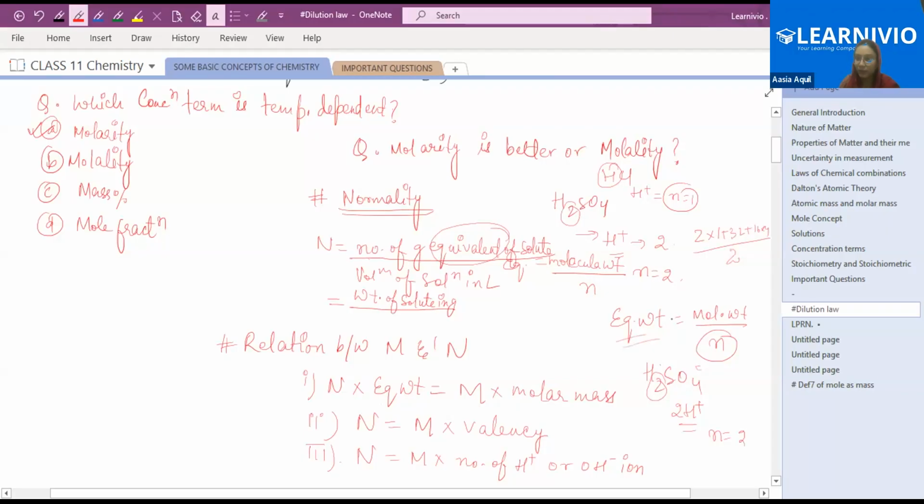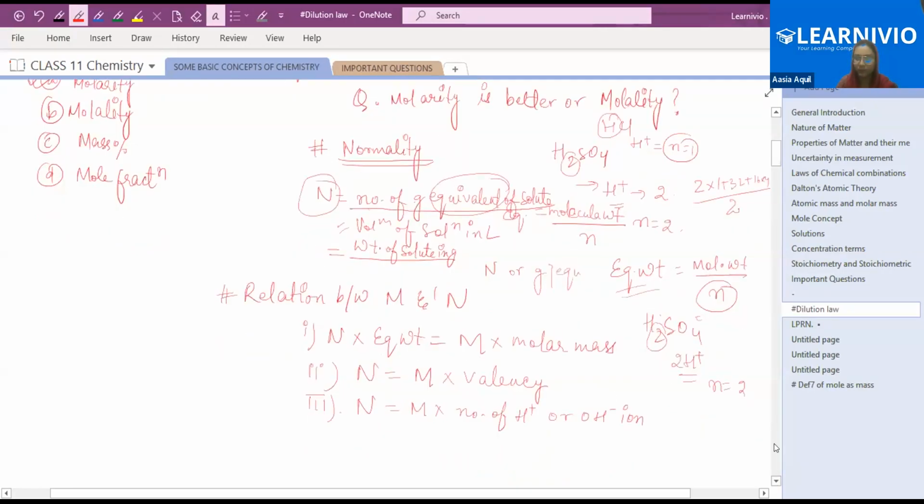Now you put this equivalent weight upon and divide it by the volume of solution in liter. You will get the normality. I hope it is clear. Yes, and ma'am, its unit is normal, capital N, or simply gram per equivalent? Gram per equivalent.